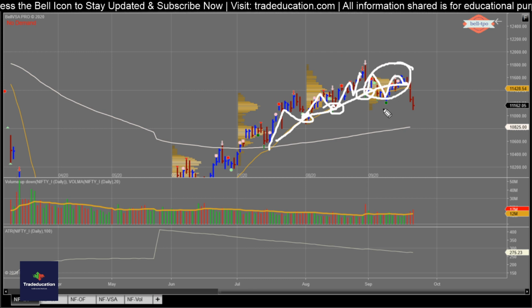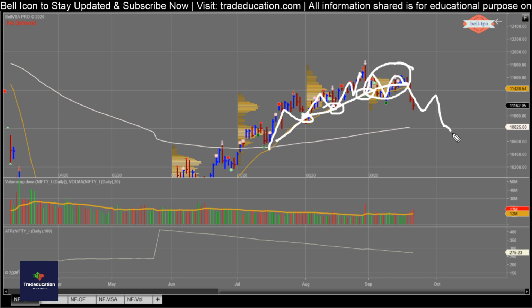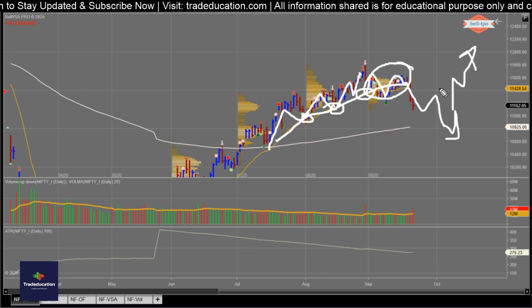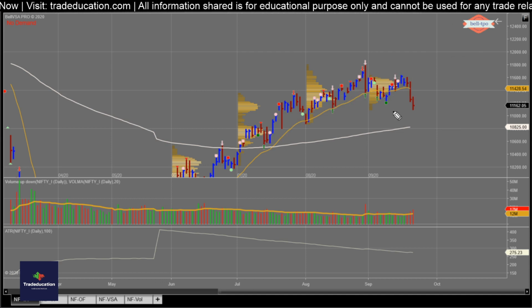So now it's either the sellers will win or the buyers will win. I don't know who will win, but basically some change in the trend is going to happen, and that is how I identify the change and take the trades based on that.